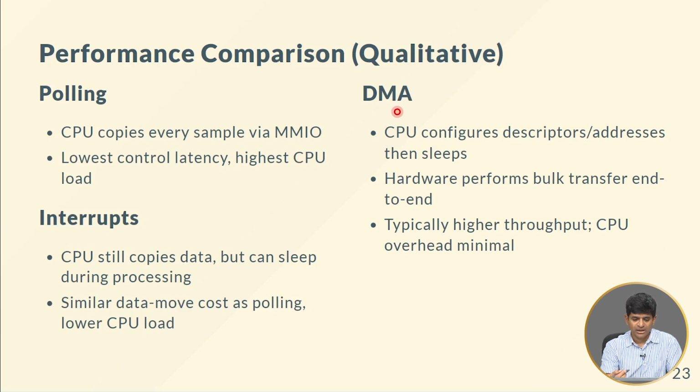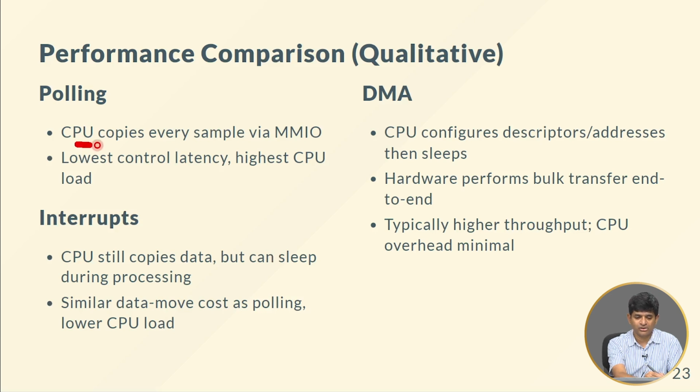Now I could potentially do something else, where the CPU does some data transfer, let's say into the FIR filter. I transfer the data, but then while the FIR filter itself is working, I go into sleep mode.